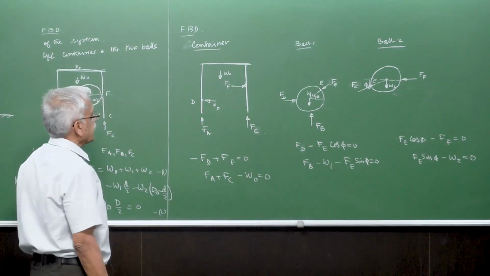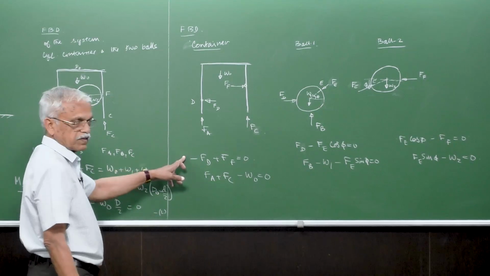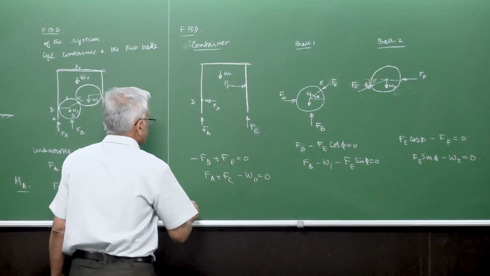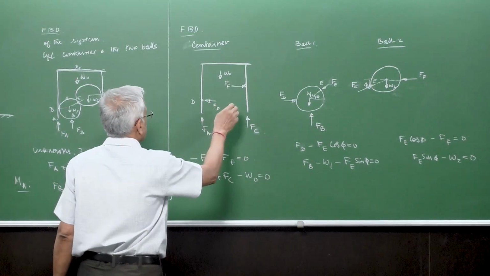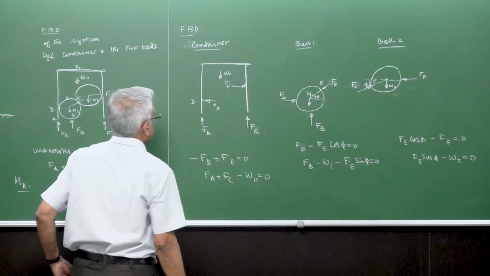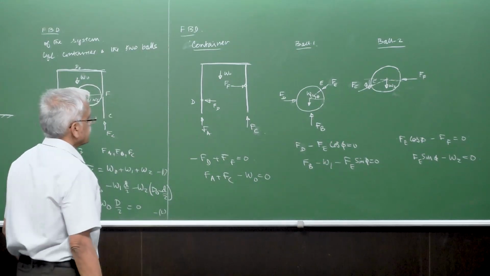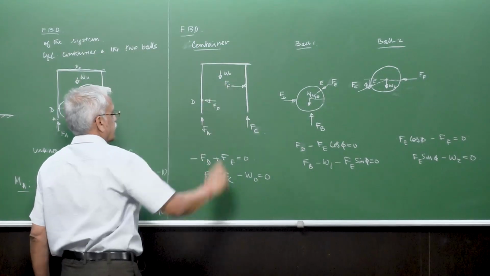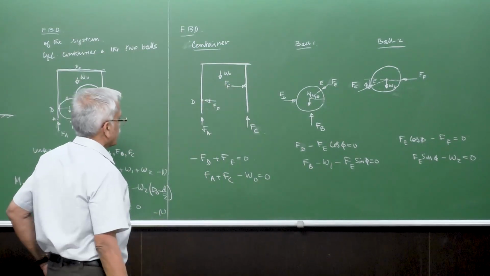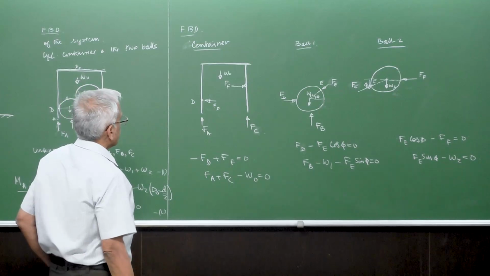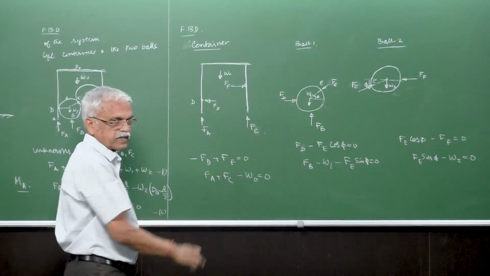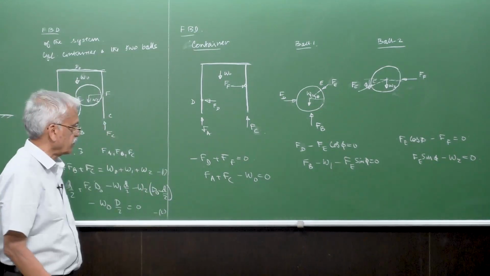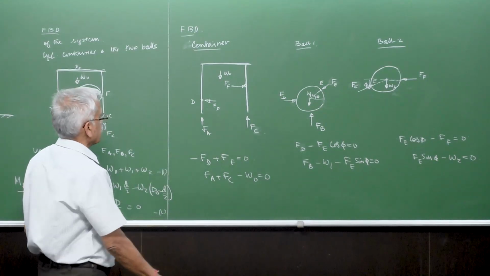This is the horizontal equilibrium, this is the vertical equilibrium of the forces, and then the moment. Essentially it is a couple here, Fd and Ff are giving a couple. These two are equal, so they form a couple.